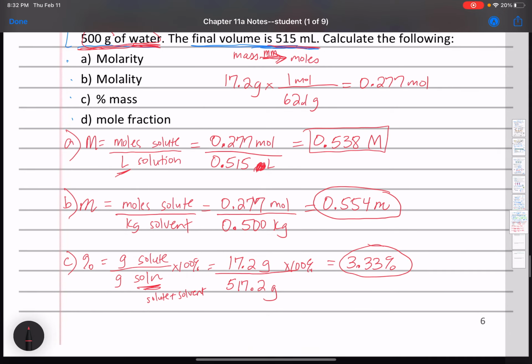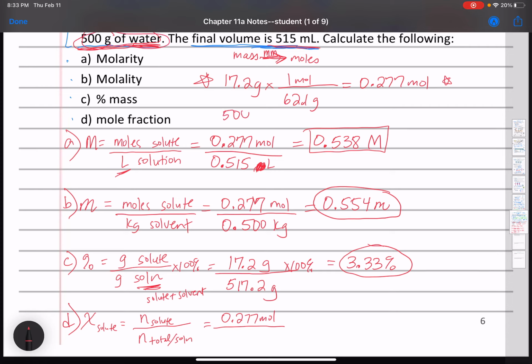And then lastly, I can calculate the mole fraction. If I want to calculate the mole fraction of the solute, I need to know the moles of solute and the total moles. I'm going to put moles total, or moles solution would be another way you could write it. I already calculated the moles of solute, 0.277 moles. But I don't know the total moles, but I can figure it out because I know the mass and identity of the solvent.